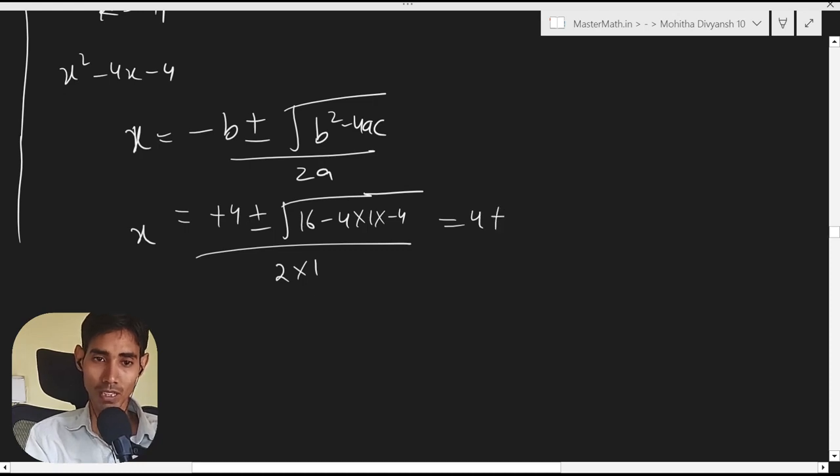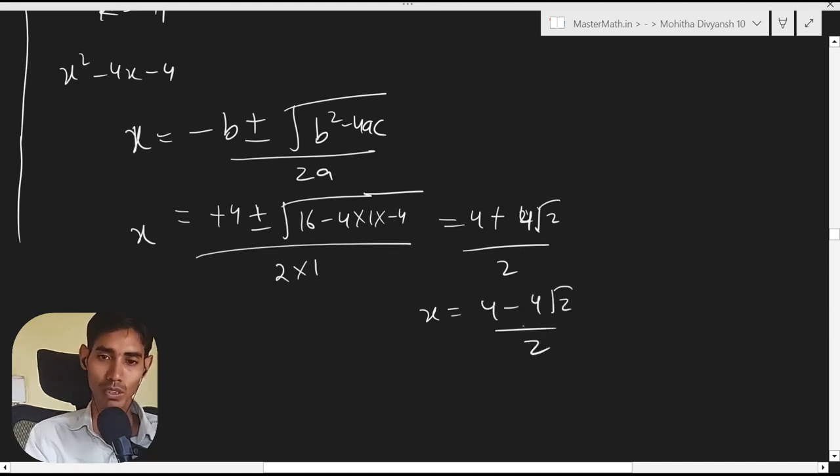4 plus or minus root of 16 plus 16, root 32, over 2. Root 32 is 4 root 2. So this is our first answer, first x value, and the second x value is going to be 4 minus 4 root 2 by 2.